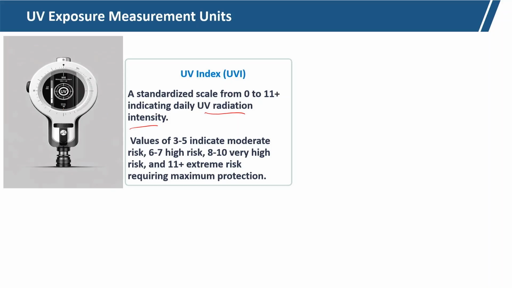Values 3 to 5 indicate a moderate risk at that place. 6 to 7 is high risk, 8 to 10 is very high risk, and 11 and above is extremely high risk, which requires maximum protection.